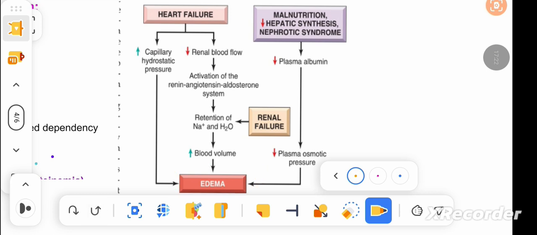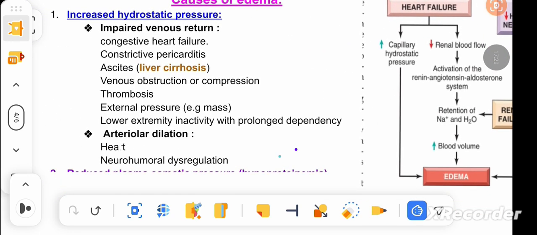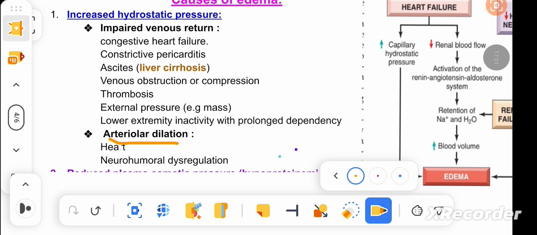Okay. So now, what are other causes of edema? Other causes we mentioned are arteriolar dilation. Arterioles can be dilated by neurohumoral dysregulation and heat.